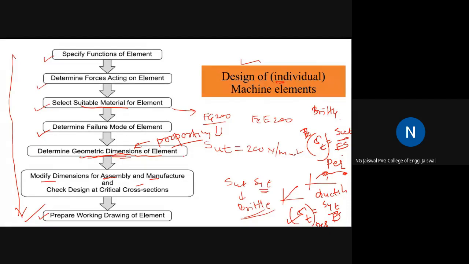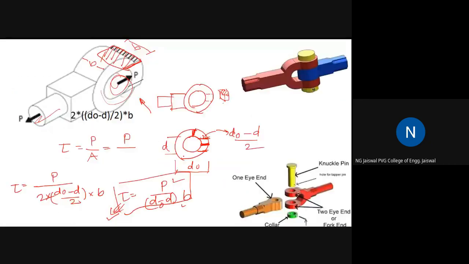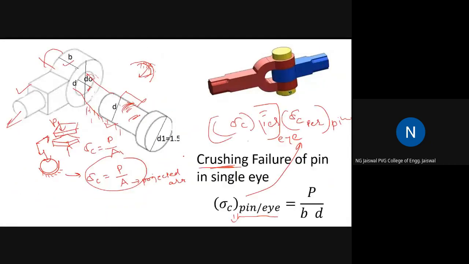Every time it is not necessary to use the equations. There are some cases where you can use the proportions, which are very well accepted universally. For example, what is meant by that? Let me clarify at this moment only.